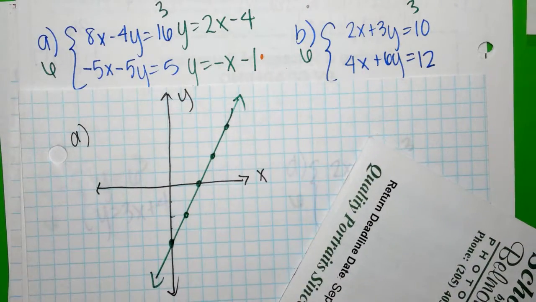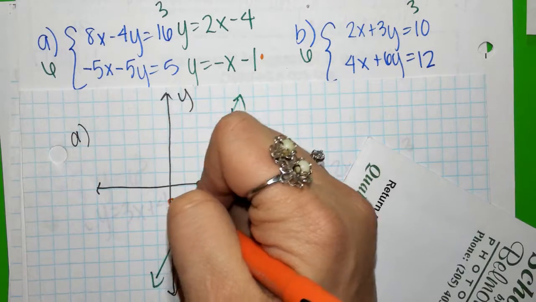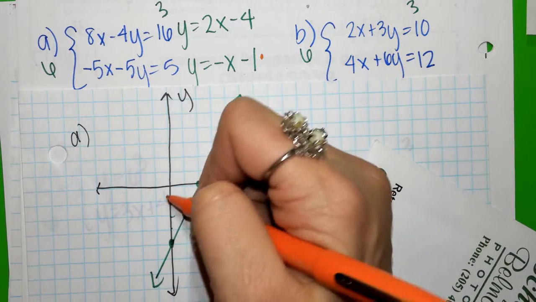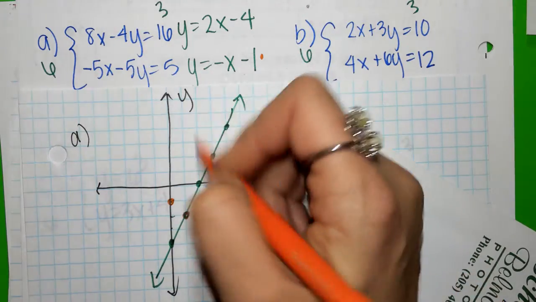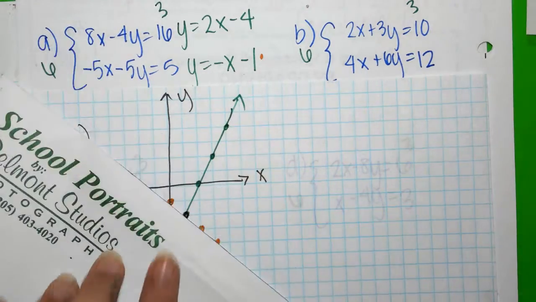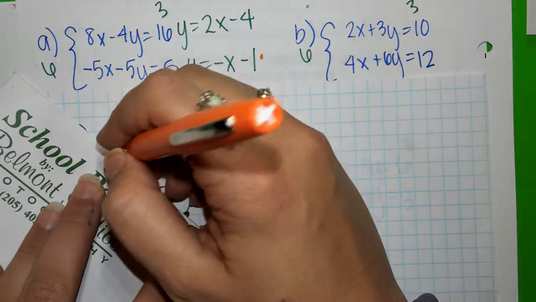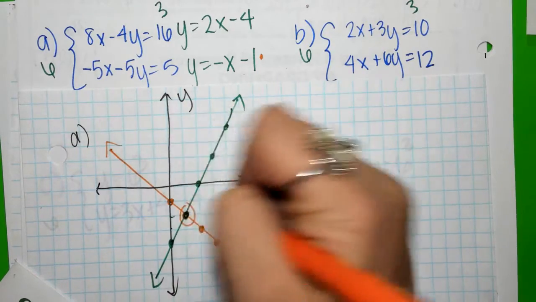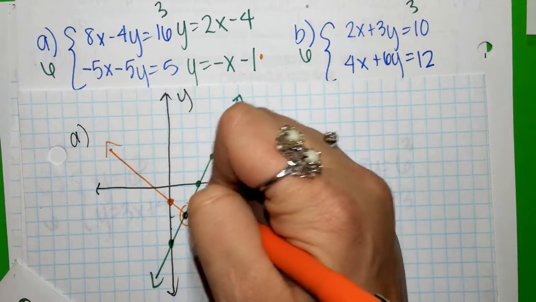For my second one, I go down 1 first because my y-intercept is negative 1. My slope is negative 1, so I go down 1, right 1. Oh my gosh, they intersect. Down 1, right 1, down 1, right 1. My solution is 1, negative 2.